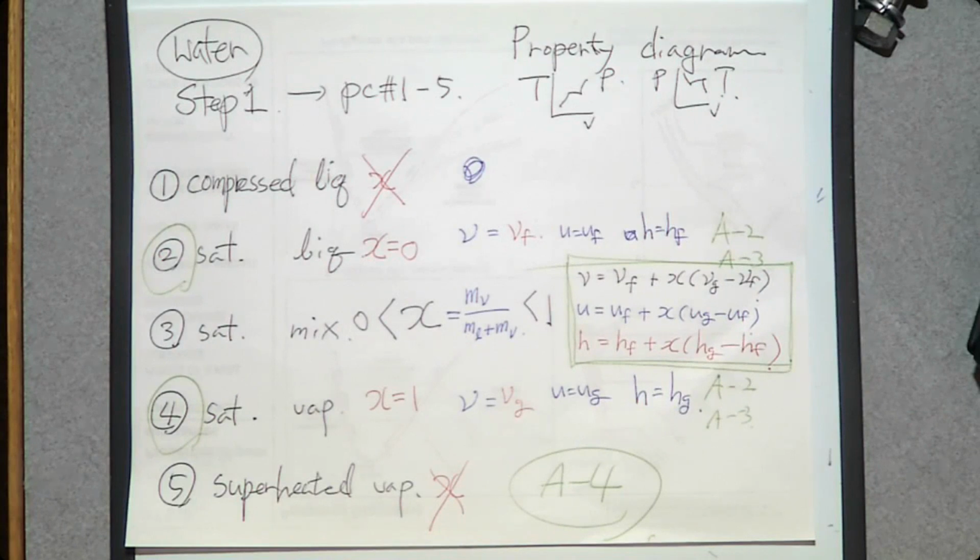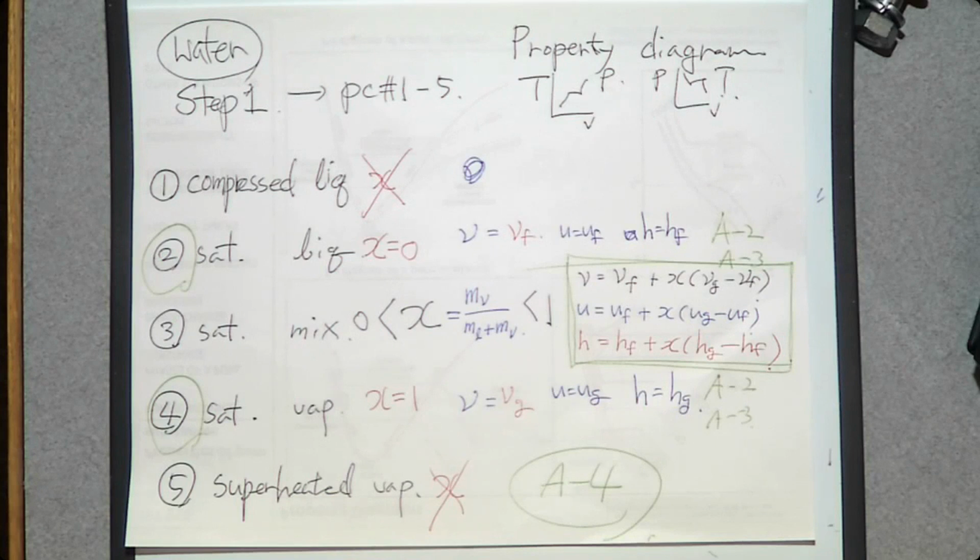Then pressure doesn't affect the properties of compressed liquid. Then what property affects the properties other than pressure? Temperature. So as long as the temperature is constant, there is no difference between saturated liquid and compressed liquid when pressure is not that high.